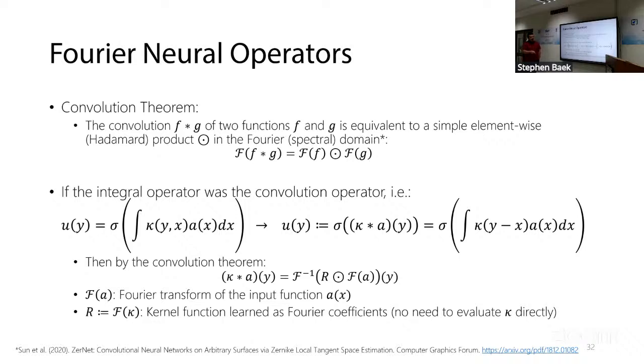Everything just happens in the Fourier space. You just need to multiply element-wise. So at the end of the day, it becomes the usual neural network operation. You have a vector and take, not exactly a dot product, an element-wise product of those coefficient vectors. And that's essentially how you could implement the operator using the Fourier transform.